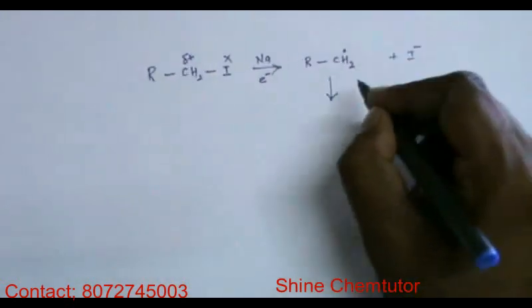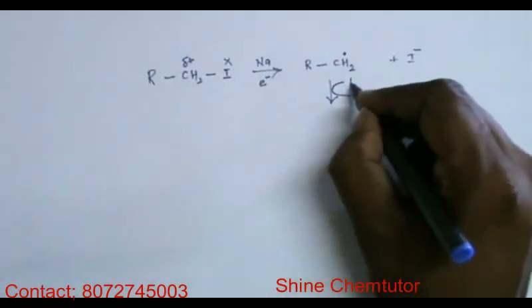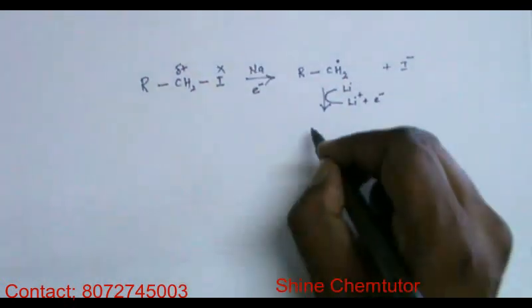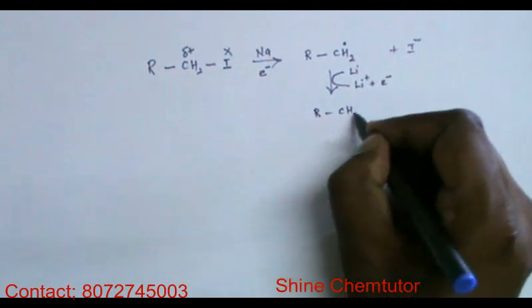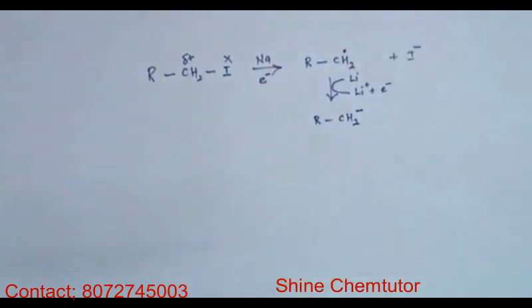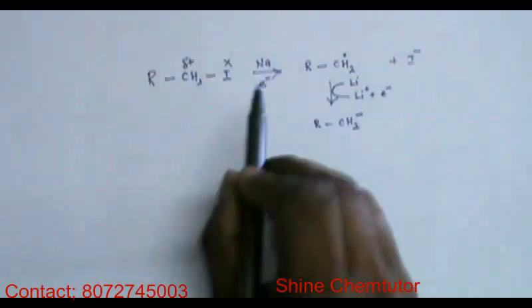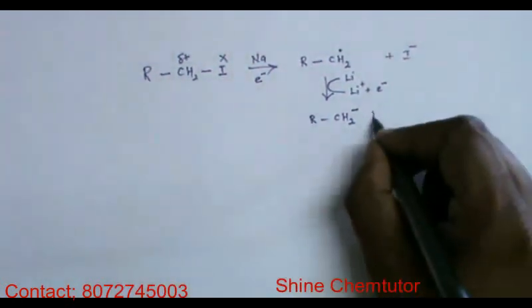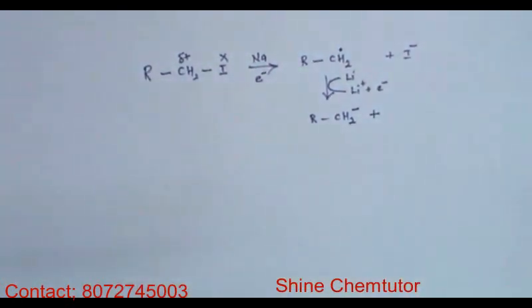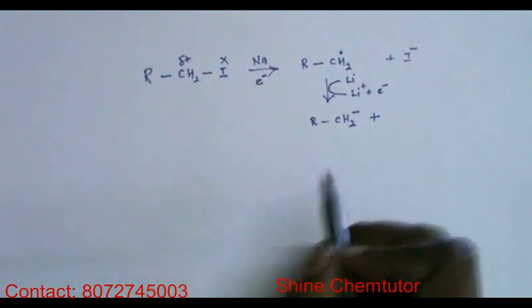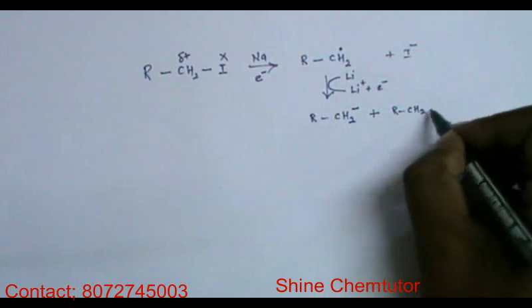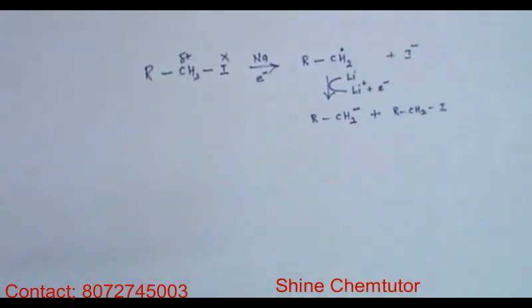Further, one more electron, I write like this, will be given by another equivalent of sodium. We get minus charge. Now 2 electrons have been donated, so that is equal to minus charge. As soon as this minus charge is formed, it is nucleophile. In the reaction mixture, we have unreacted alkyl halide also.